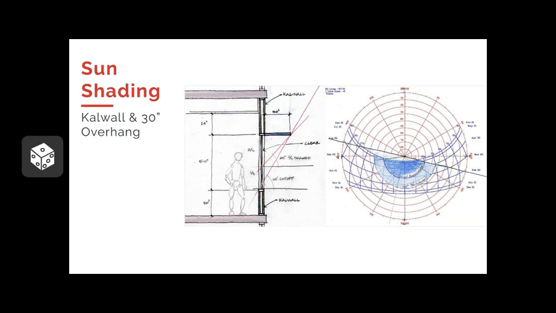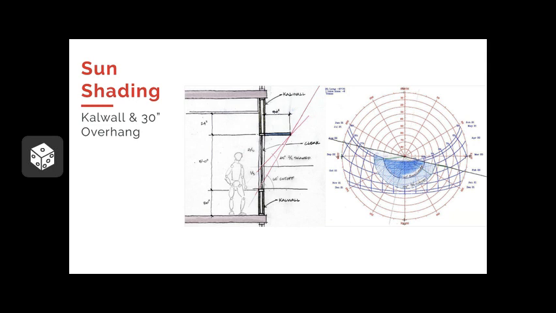I just wanted to show that what the shaded part is saying in the sun chart is where you're not going to get direct sun in. And you can look at the hours of the day, and you can look at the times of the year of when direct sun is not going to penetrate into the space.